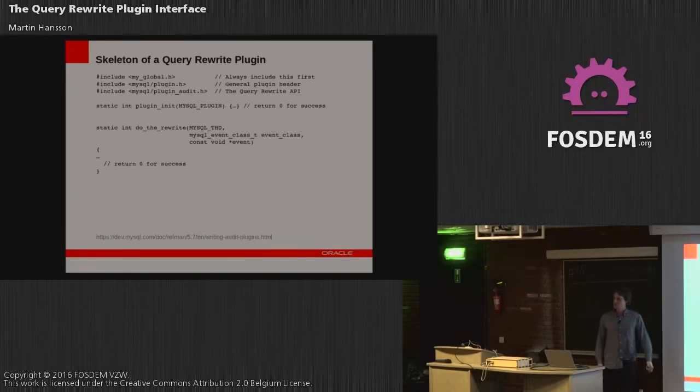So my advice is you do that. Then you can delete it later if you don't need to. You have the plugin init function where you can set up your plugin, allocate memory as you need. If you don't return 0, the install plugin command will fail. And that's the rewrite function. It hasn't changed since last time.